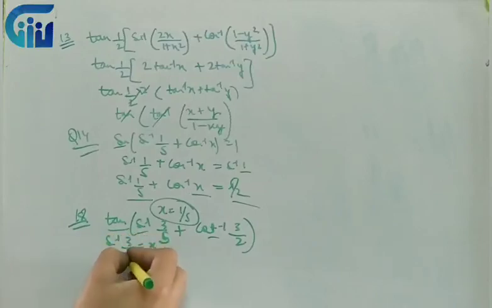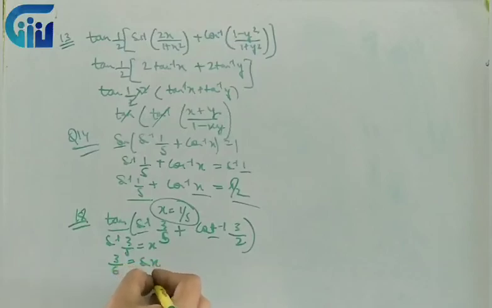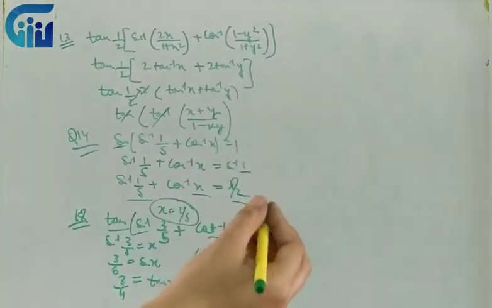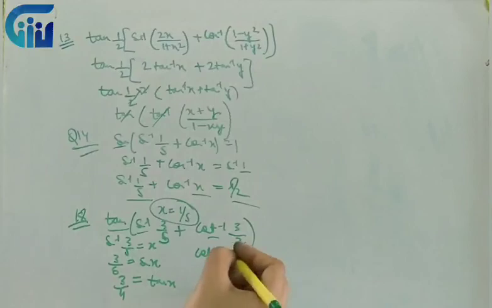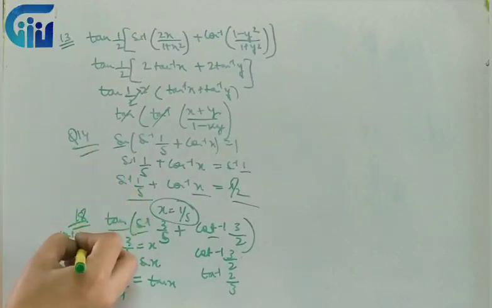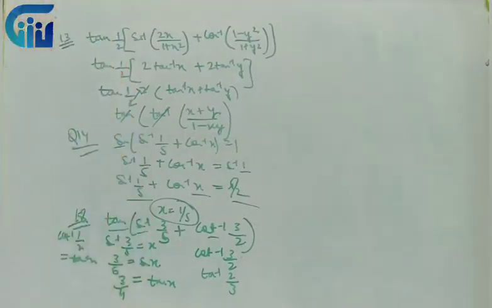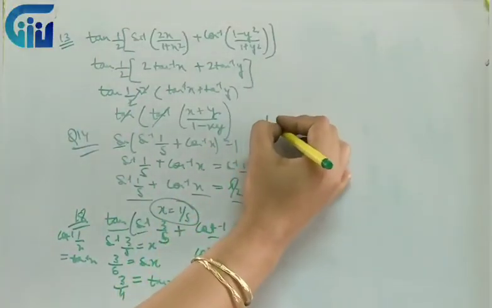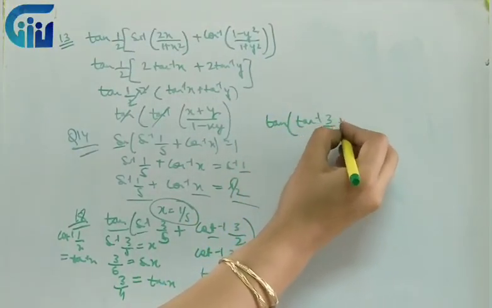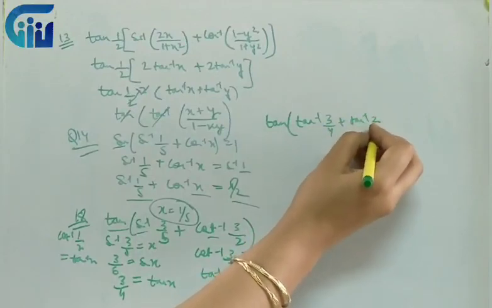So sine x is 3 by 5, and by Pythagorean triplet, tan x will come out to be 3 by 4. Cot inverse 3 by 2 I can write as tan inverse 2 by 3, since we have done the result which says cot inverse 1 by x is equal to tan inverse x, right? Both are now in terms of tan, so we will apply the formula. I will write it as tan of tan inverse 3 by 4 plus tan inverse 2 by 3.